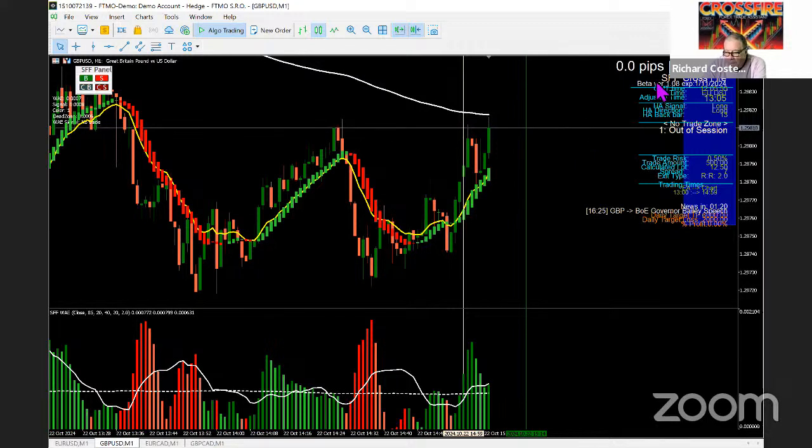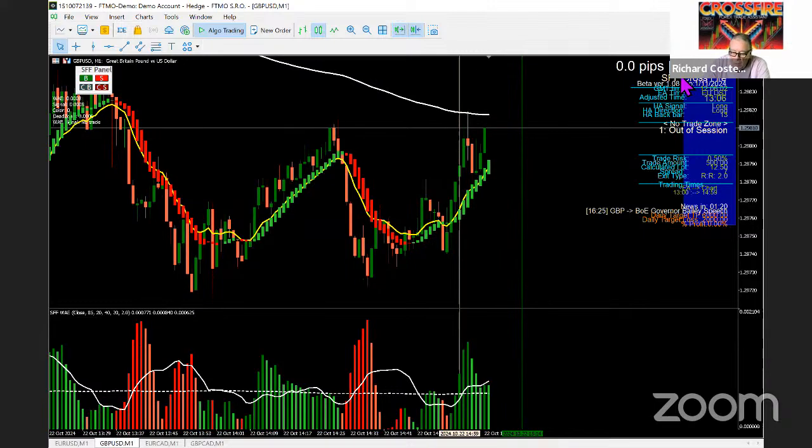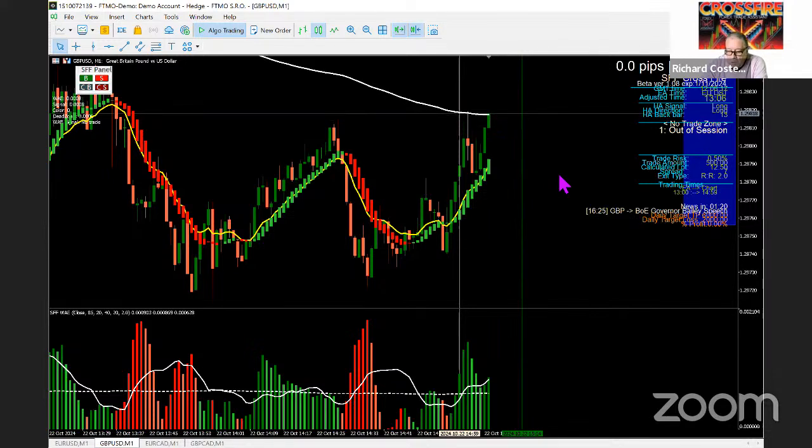Basically, for the benefit of anybody who hasn't seen this before, or anybody watching the replay live on YouTube, this is MT5 and this is the Crossfire Trading Assistant. I'll go through what I am showing on my screen.